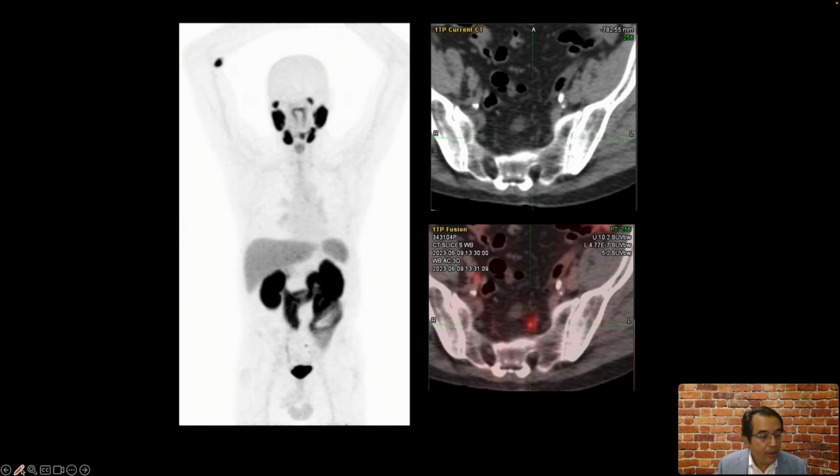This focus in the pelvis corresponds to a tiny lymph node that is seen here, and also on the low-dose CT, a part of the PET-CT, right there on the axial image. And this was consistent with their prostate cancer recurrence that was visualized on a PSMA PET-CT after their prostatectomy when they presented with rising PSA.